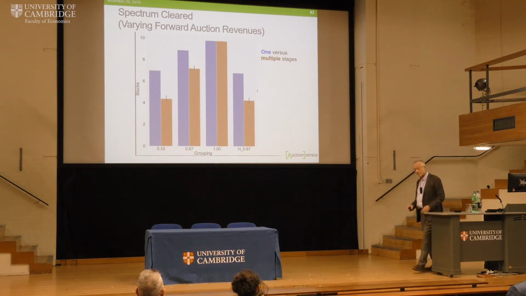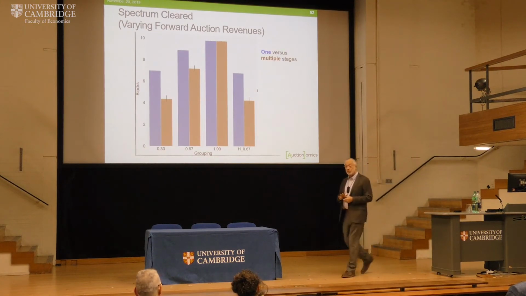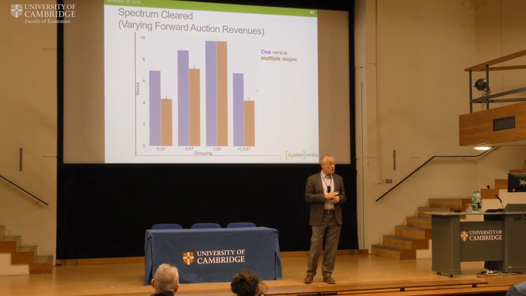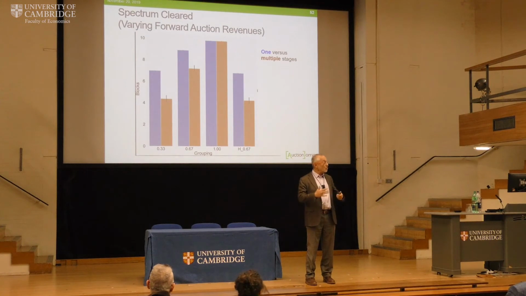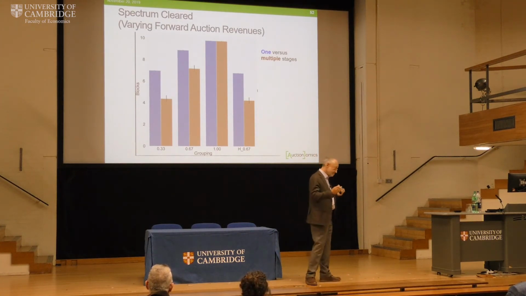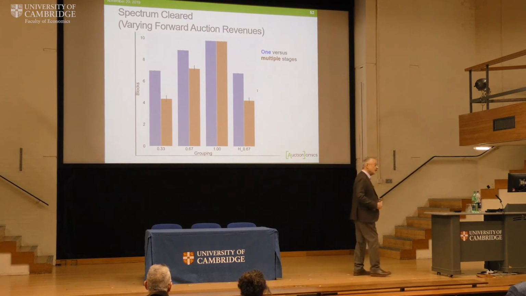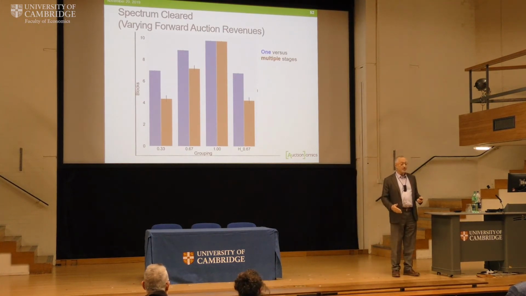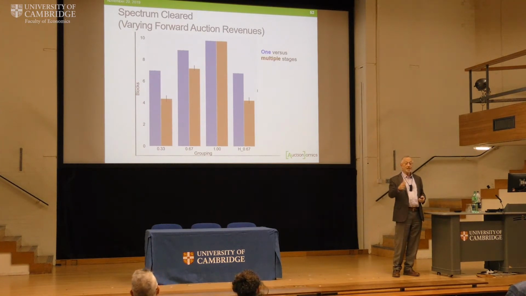As the buyer values fall, going through multiple stages causes us to clear less spectrum. Now, the FCC's reason for having multiple stages was they hoped that would help them clear more spectrum. They thought, maybe we can get enough demand to clear 8 blocks. Maybe the cost will be low enough that we can clear 8 blocks and we'll have enough demand. Let's try it before we give up on that and go to 7.